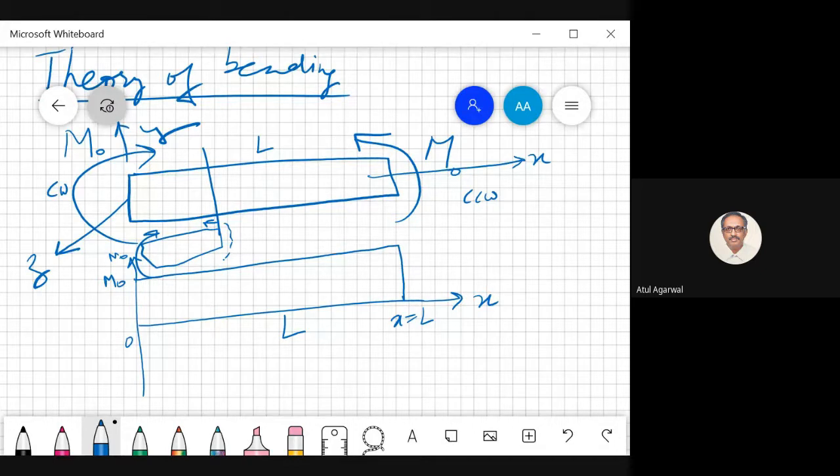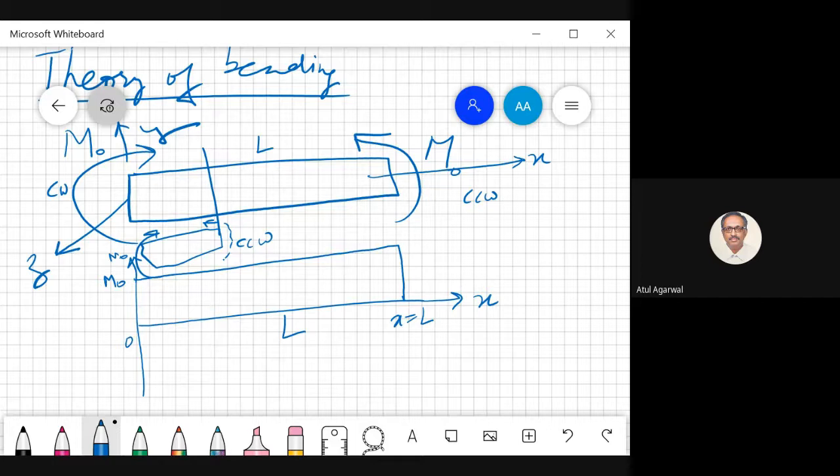There are some stresses on this face which result in this moment. So this moment is coming from internal forces. And you see this moment has to be counterclockwise, because the externally applied moment is clockwise. So to equilibrate this part of the beam, this has to be counterclockwise.